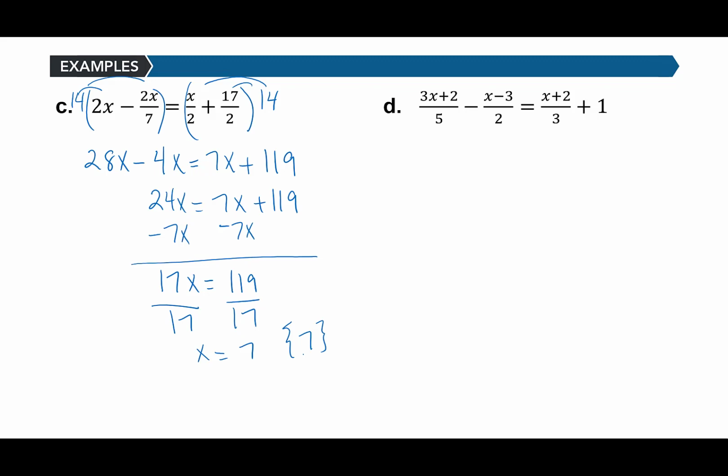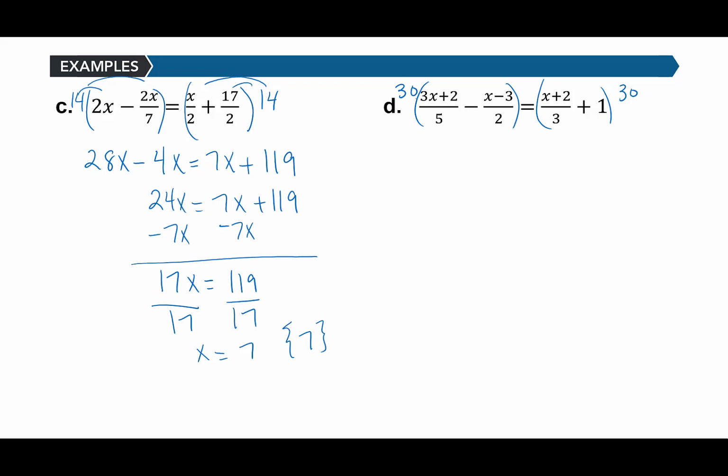Part D is the quantity 3x plus 2 divided by 5 minus the quantity x minus 3 divided by 2 equals the quantity x plus 2 divided by 3 plus 1. Because of the fractions, I need to multiply each side by the least common denominator of 5, 2, and 3, which is 30. So if we multiply each side by 30, I'm going to write this one out because we have to be careful with the numerator of that fraction being a binomial.